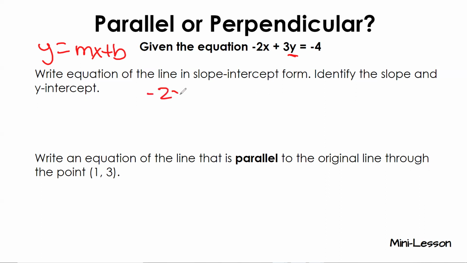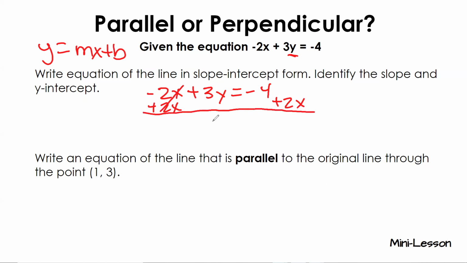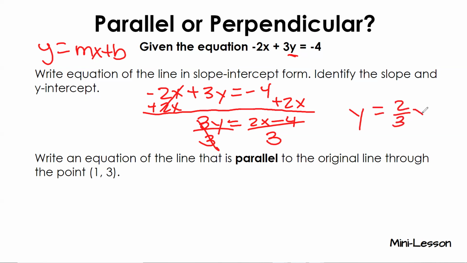How we do that is we add the 2x to the other side. And then we want the y by itself, so we're going to divide by 3 on both sides. That's going to give me y equals 2/3 x minus 4/3.